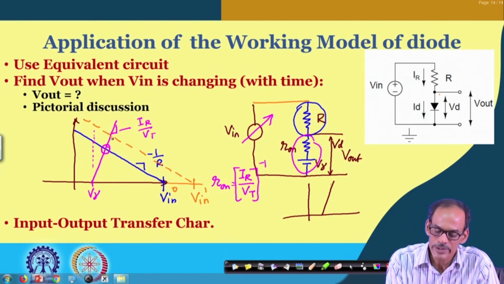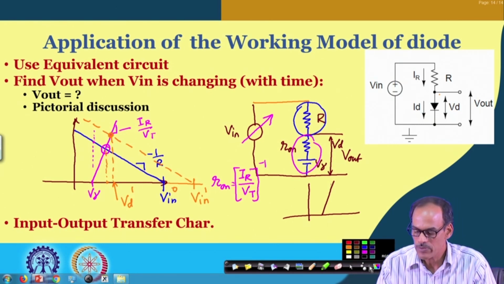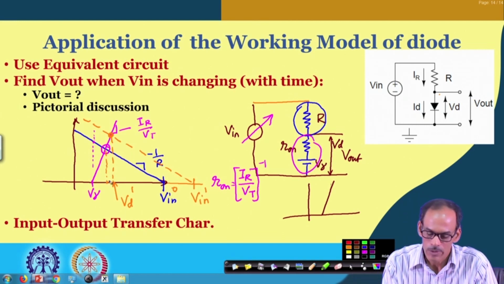So, now the intersection point is getting moved up here, and the corresponding output voltage, V out or V d, is going to V d 1 from the previous one, which was V d 0.